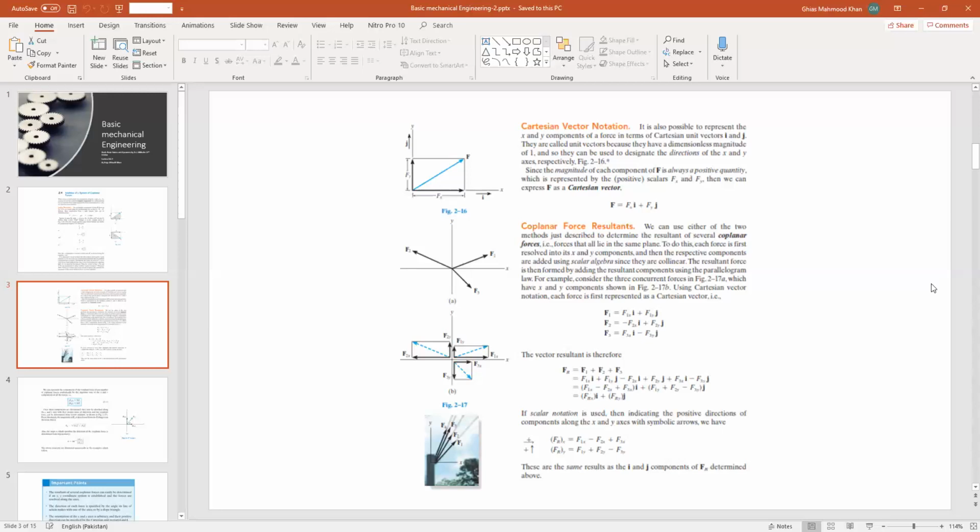If they are on x and y components, they will make a right angle triangle. For F of R, the resultant, using the Pythagoras theorem, we take the square of the x component sum and the square of the y component sum, add both, and taking the square root will give the resultant of the forces.